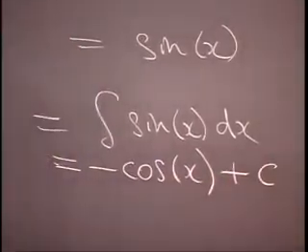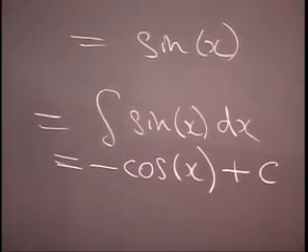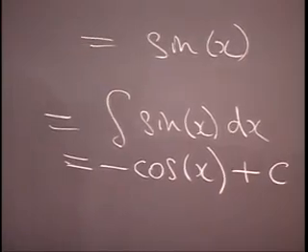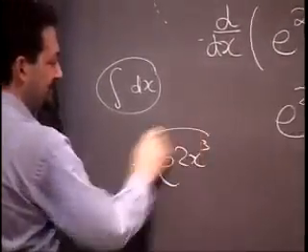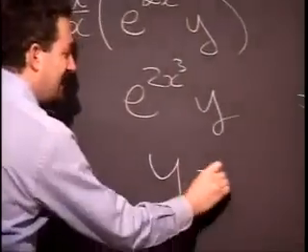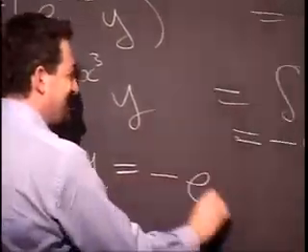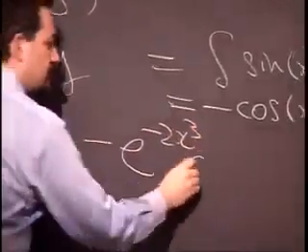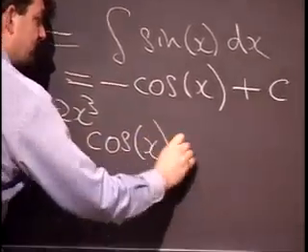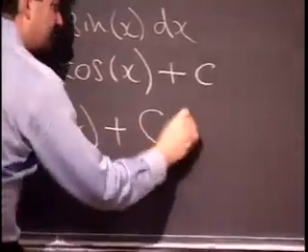And you don't know what the constant is. Well, now we can just divide again by e to the 2x cubed to isolate y. And y is equal to negative e to the minus 2x cubed cosine x plus c e to the minus 2x cubed.